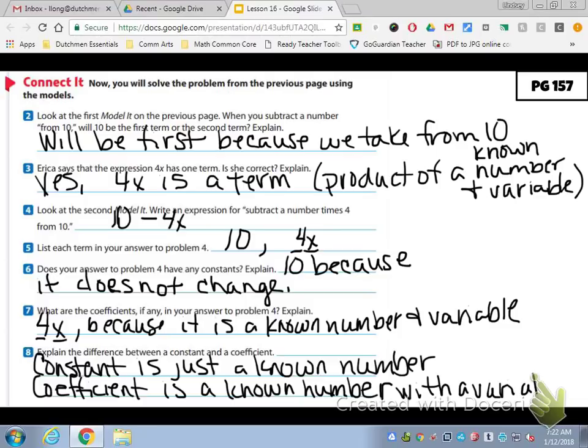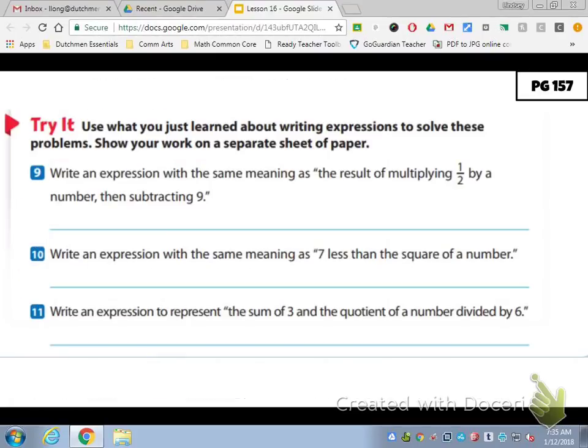So the constant is just the number, the coefficient is the number with the variable. So now you try it. Use what we just talked about up above to answer 9, 10, and 11. Pause the video, take a couple moments, and answer it, and then you can start it to check your answers.